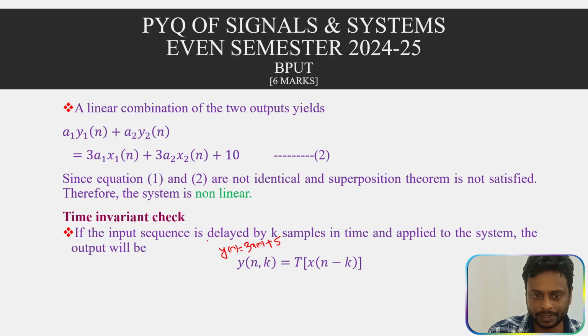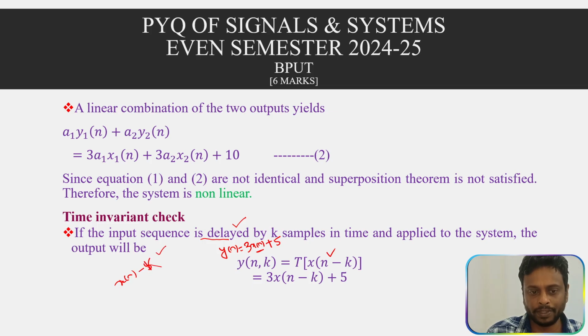In this case, the input is delayed by k samples and applied to the system. Our equation is y of n equal to 3x of n plus 5. Since the input is delayed by k samples, in place of x of n you have to put x of n minus k. So that will be 3x of n minus k plus 5. Only the input is delayed by k.